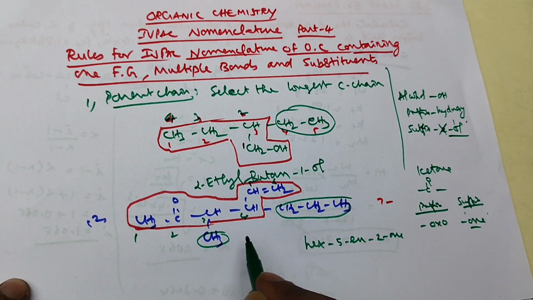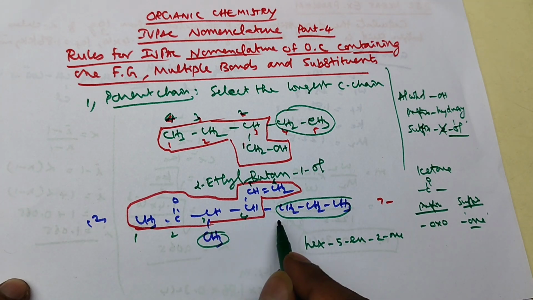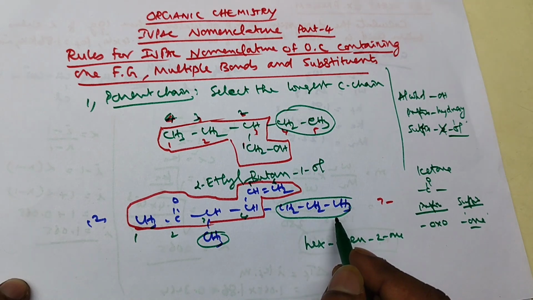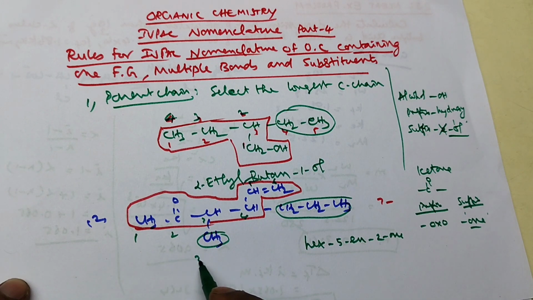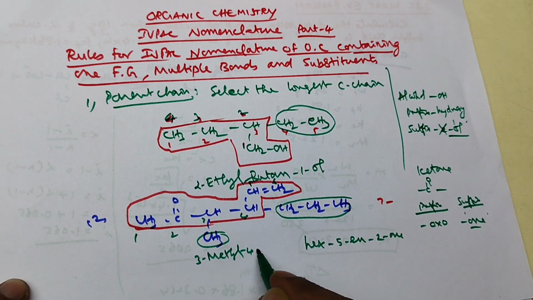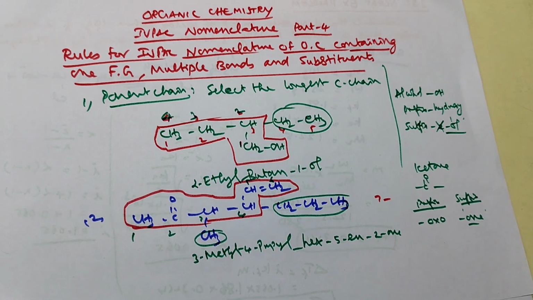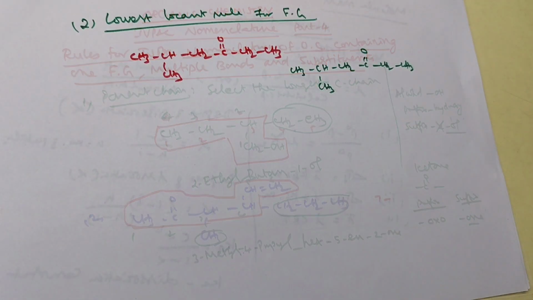Arrange the substituents in alphabetical order. This is a methyl at the third position. Here in the fourth position we have a propyl, which will come first. So 3-methyl and 4-propyl hex-5-en-2-one. This is the correct way of giving the IUPAC name for this example.